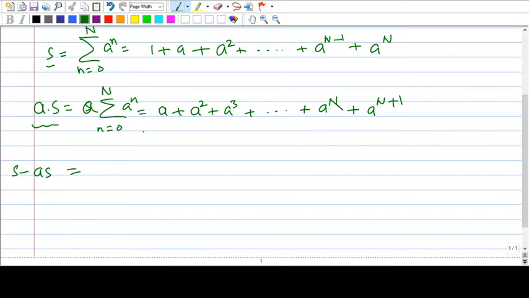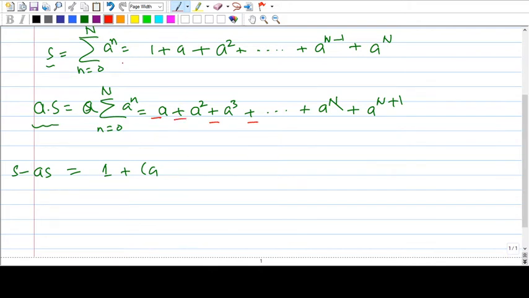Then what we get is, now you can see, this 1 shall remain positive, this alpha is positive, and this shall be subtracted from the above expression.